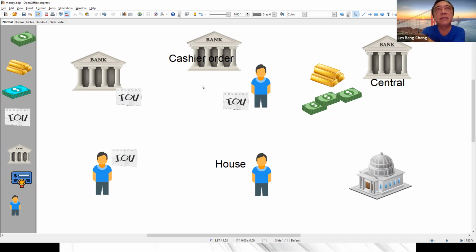If they can't settle, they borrow from the central bank to offset the difference. So you find that credit is a very important factor in this thing called money. You notice that the banks are actually creating their own money in this sense. They call it credit.